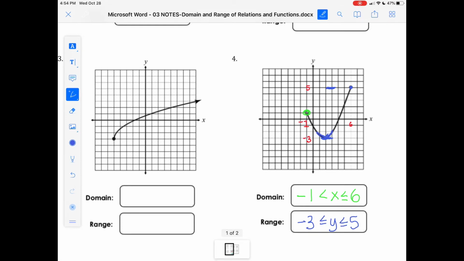Now, is this relation a function? So let's not bring out the vertical line and just look and pretend you have one. And I hope that you would see that that line would not cross that graph in more than one point.